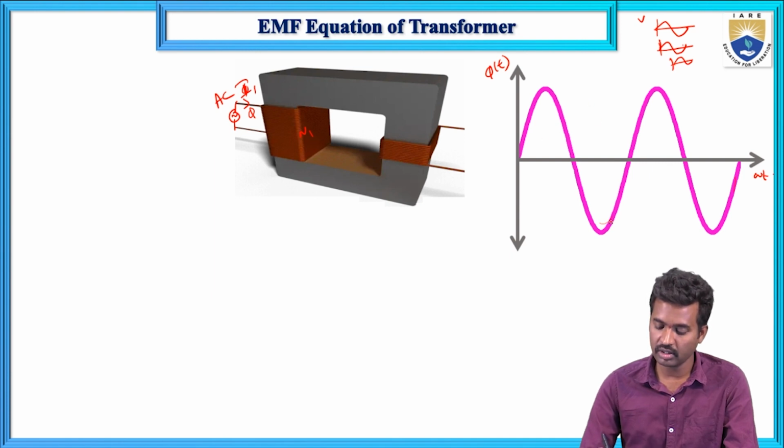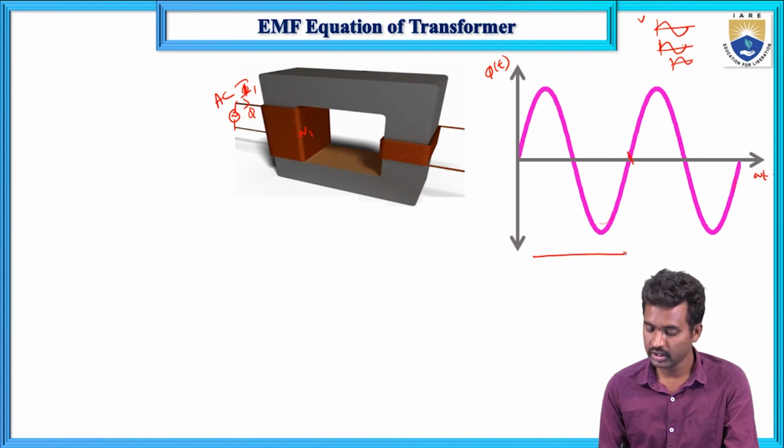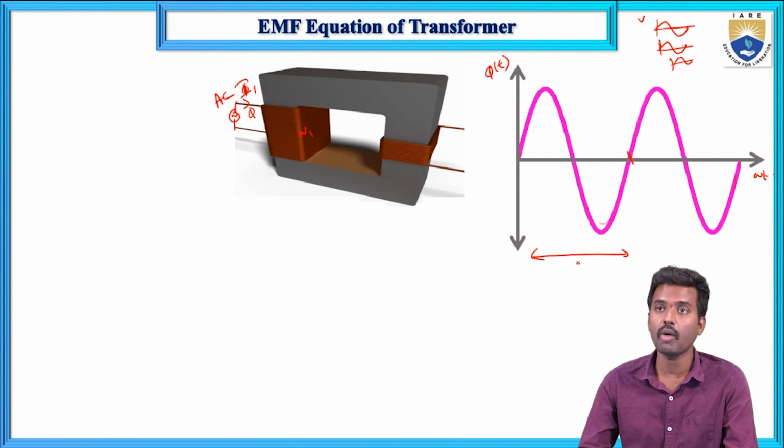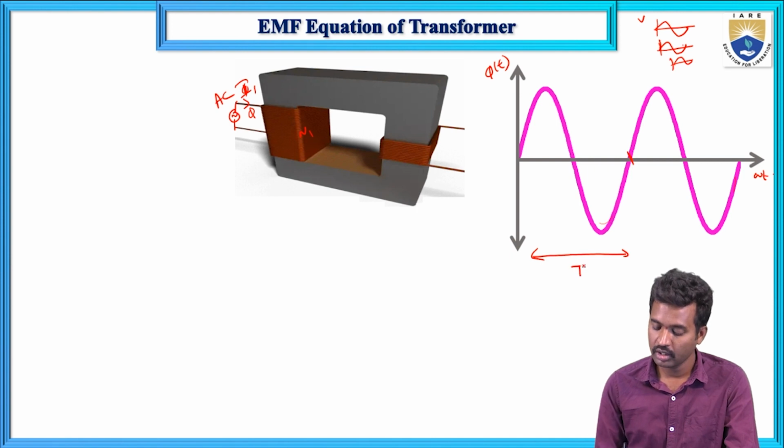The flux waveform looks like this. And what is the time period here? Up to here is one cycle. The time taken to complete one cycle is known as the time period. A complete set of positive and negative values is known as a cycle.